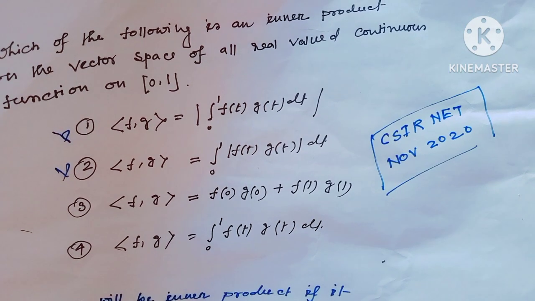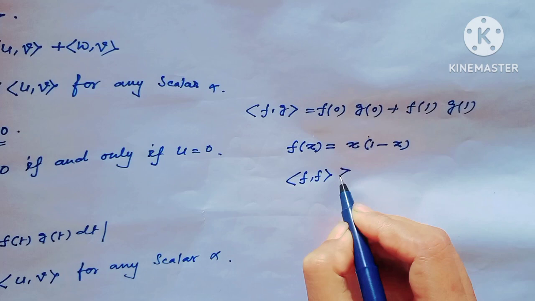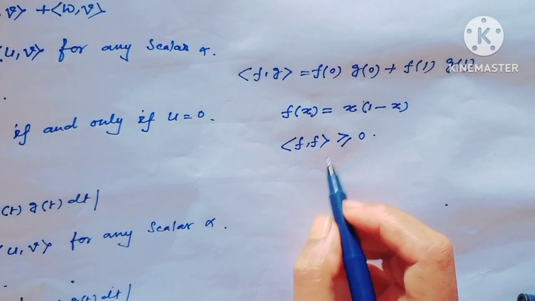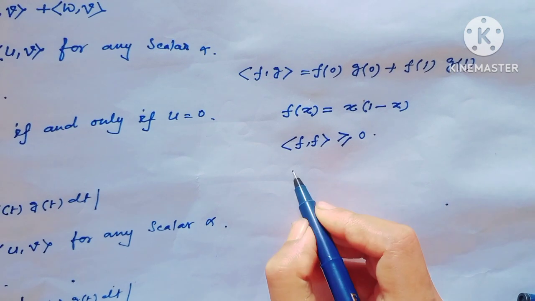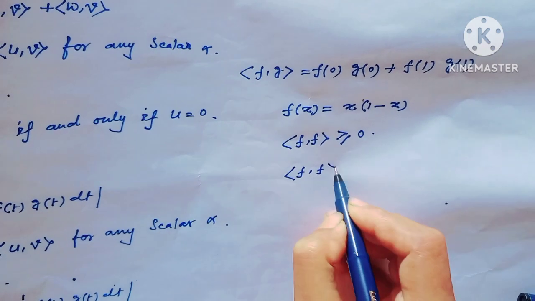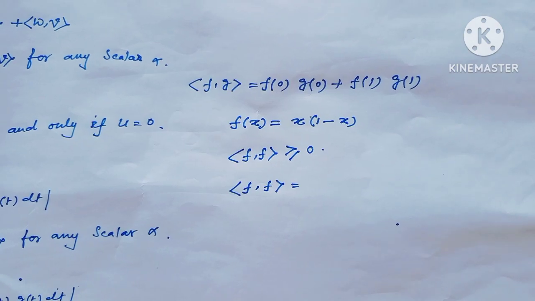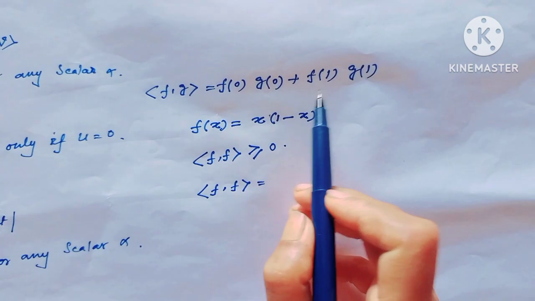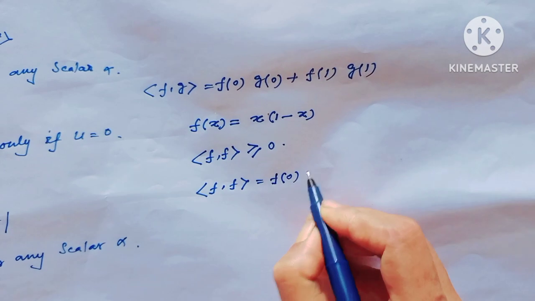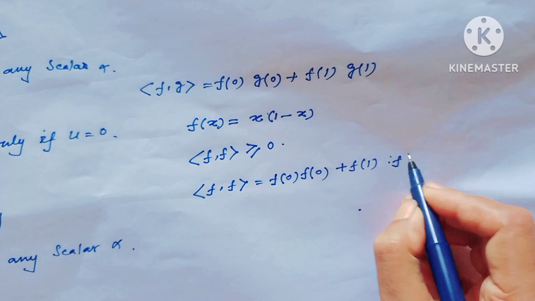For option 3, we have to check that inner product f with itself is greater than or equal to 0. Notice here f comma f, inner product f with itself, equals f(0) g(0) plus f(1) g(1), that means f(0) times f(0) plus f(1) times f(1).